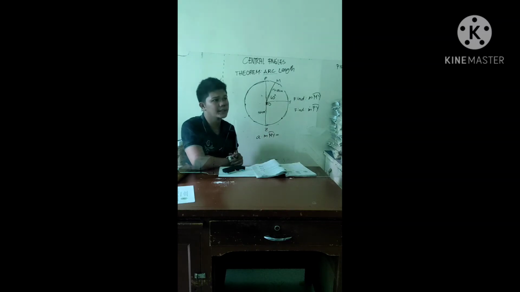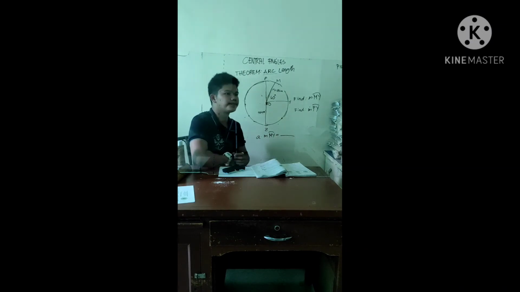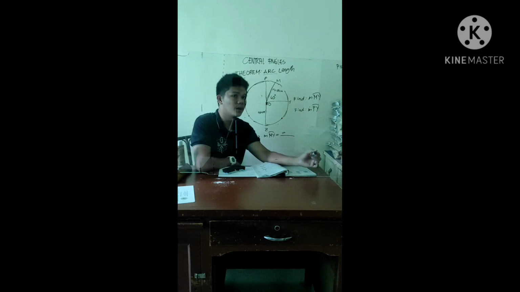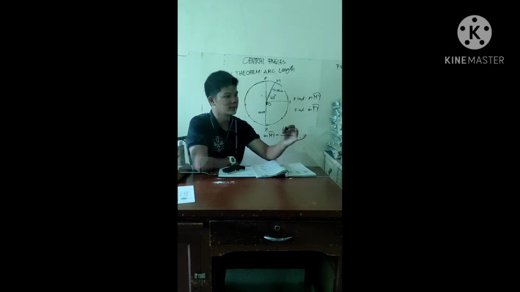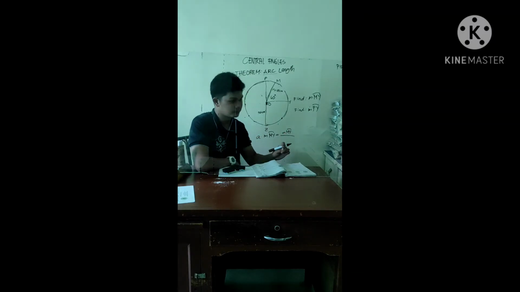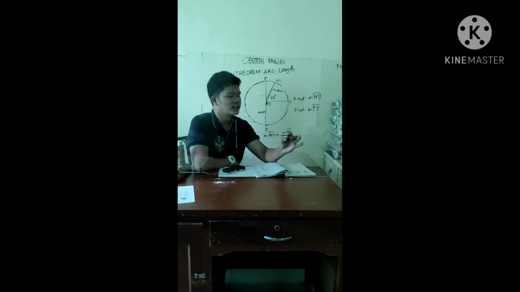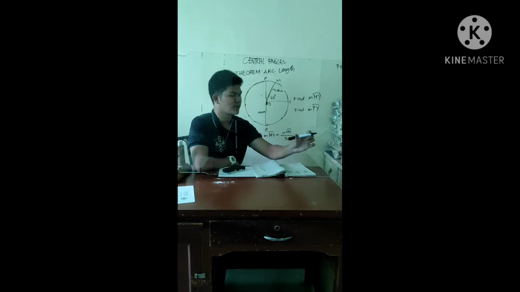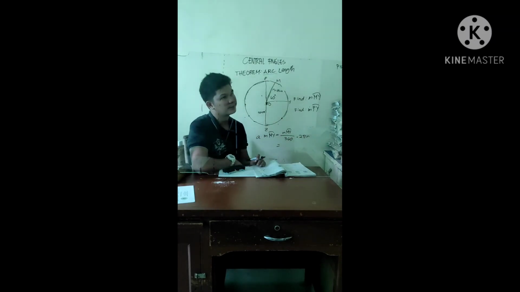So, measure of your arc MY, that is equal to measure of your intercepted arc, which is MY, divided by 360 times 2 pi r. So, yung r natin is 18.